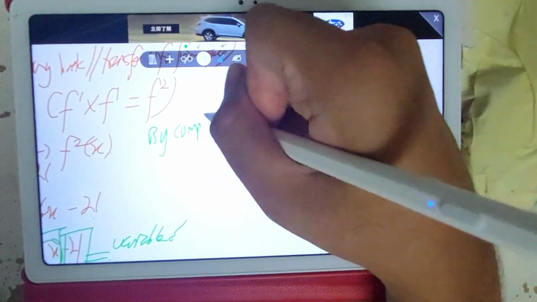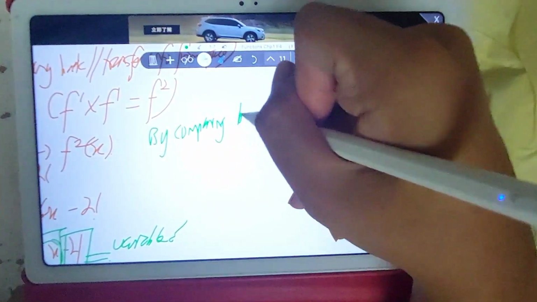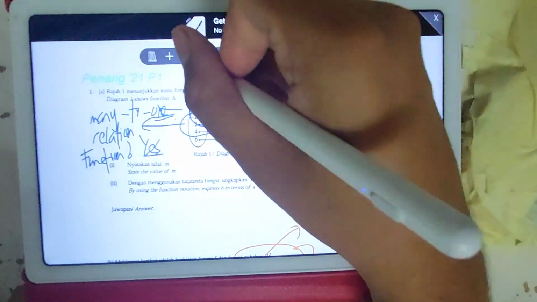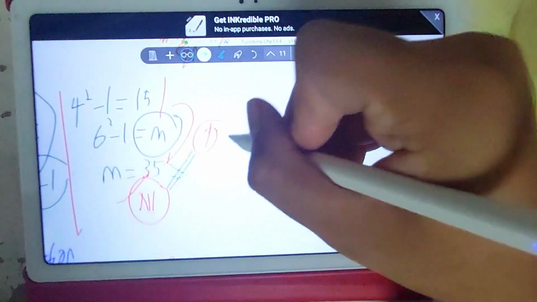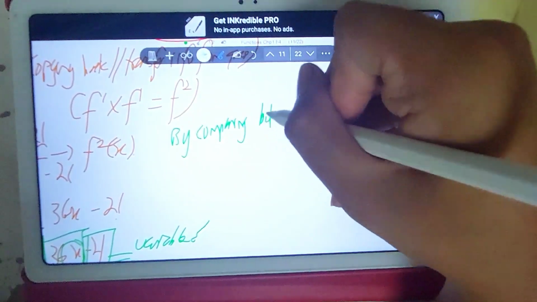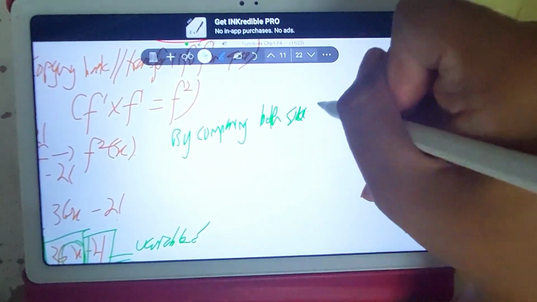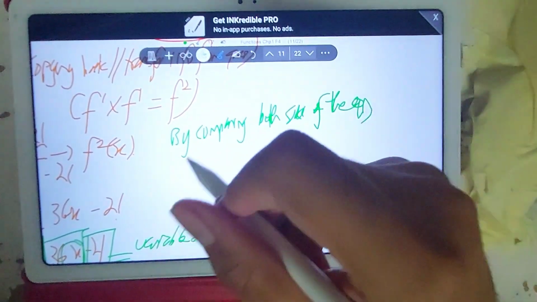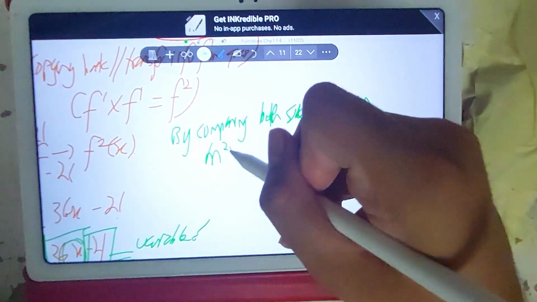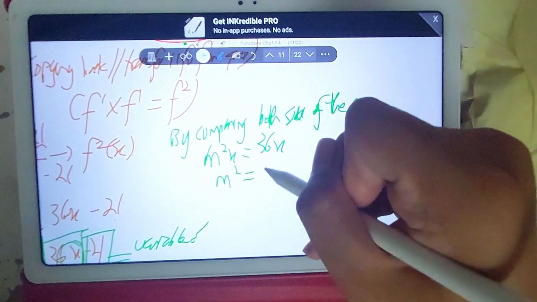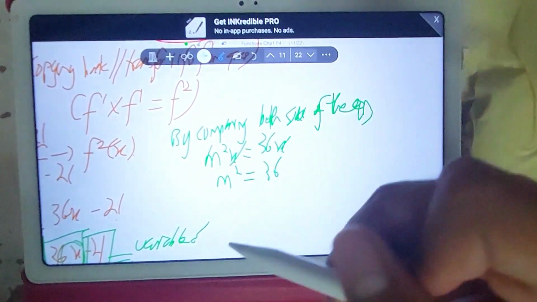By comparing both sides of the equation, I will get that m squared x is 36x. So your m squared will become 36 because you cancel both x.